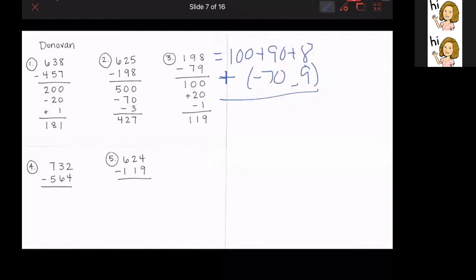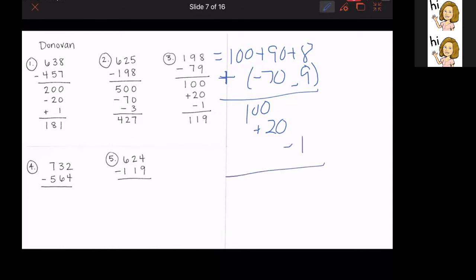So 100, minus no hundreds keeps us with 100, but then we think of 90 plus a negative 70 gives us this positive 20. And then 8 plus a negative 9, right? Or 8 minus 9, as shown here, that's how we get this negative 1.